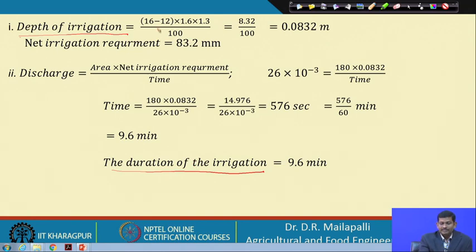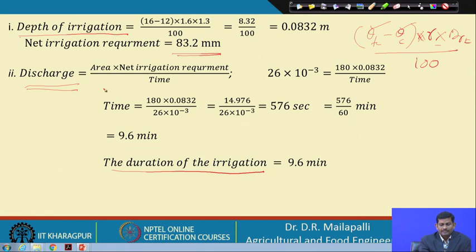If you recall the equation, theta fc minus theta c multiplied by apparent specific gravity, and then root zone depth d rz divided by 100. Put the values, all values are given, and you get the net irrigation requirement as 83.2 mm. The discharge is equal to area times net irrigation requirement divided by time. So, this is the discharge formula.